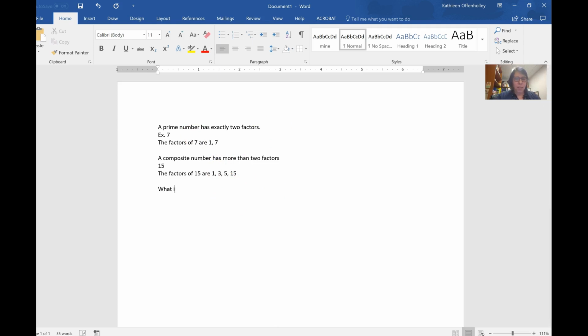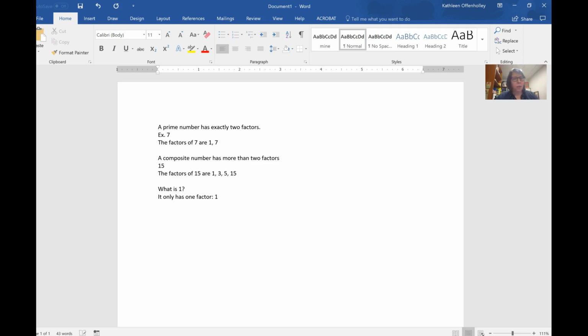What is 1 and why is it special? So think about 1. How many factors does it have? What goes into 1? Only the number 1 goes into the number 1. So it only has 1 factor. Just the number 1.